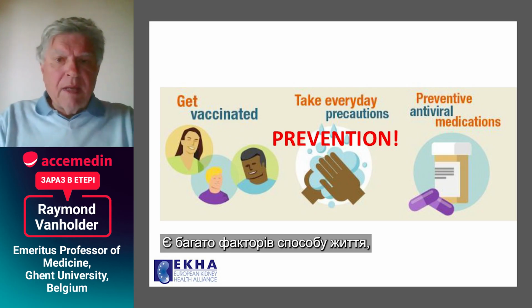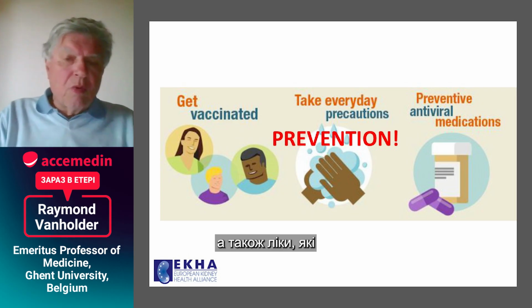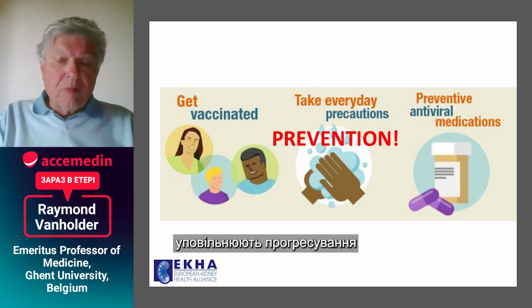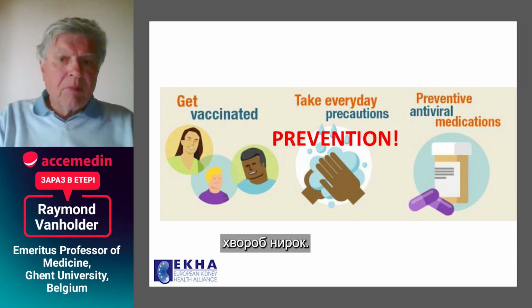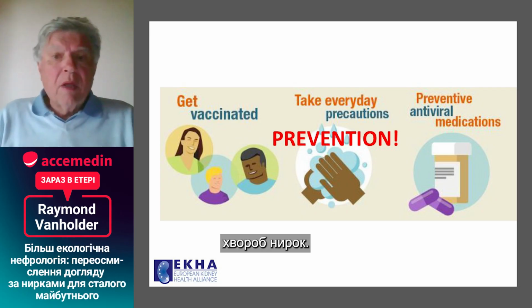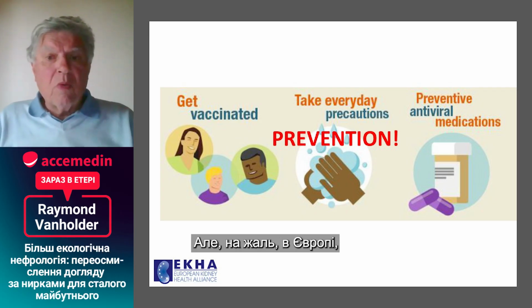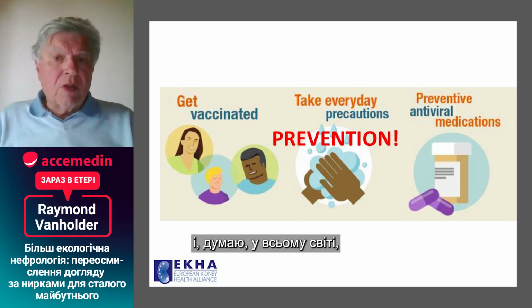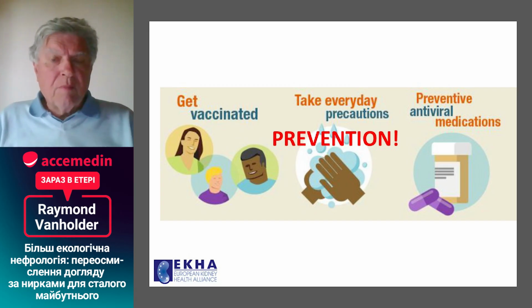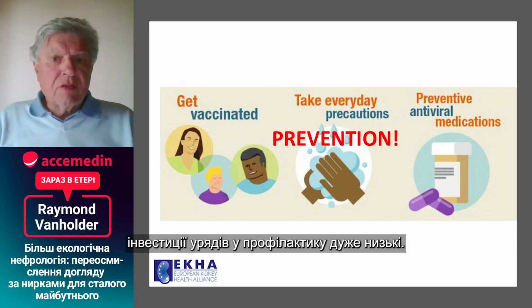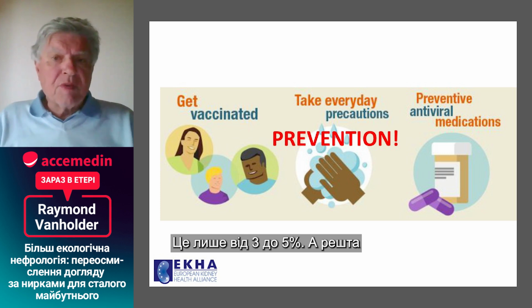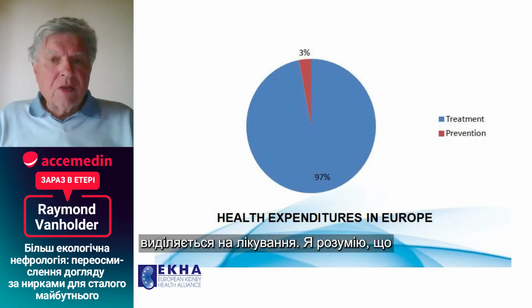We have many different measures, from lifestyle now also to medication, to slow down the progression of kidney disease. But unfortunately in Europe, and I think it is the same worldwide, the investment of governments into prevention is very low. It's only 3 to 5%, and all the rest is going into care.